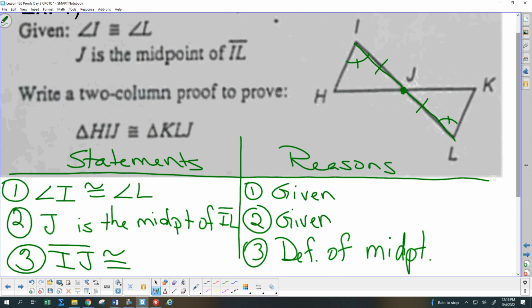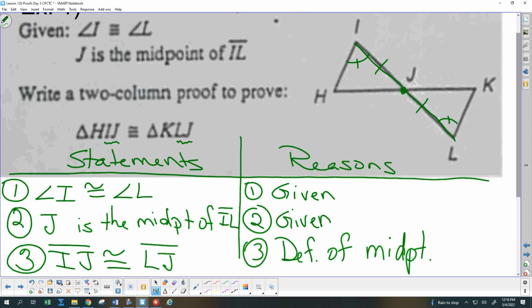I'm not sure which way to write it. So I'm going to check, oh, they tell me a congruency statement, I and then J, and over here, L and then J. So Ethan was exactly right to reverse that and say IJ is congruent to LJ because the J's will end up being corresponding angles.